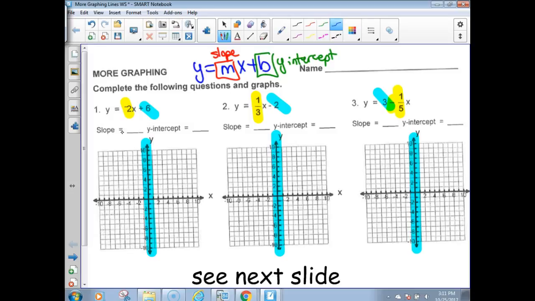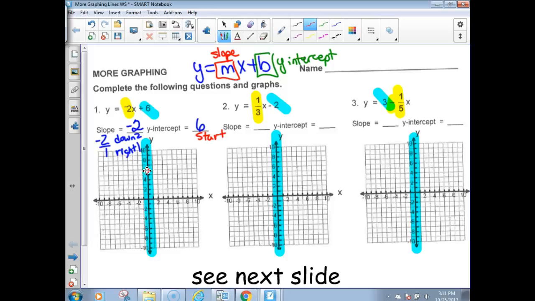So the slope for number 1 is -2, the coefficient of x, and the y-intercept is +6. A slope of -2, you think of it as a fraction by putting a 1 on the bottom. That would mean to go down 2 and right 1. And then we're going to start at 6 on the y-axis.